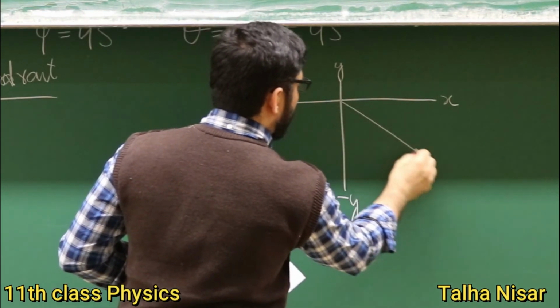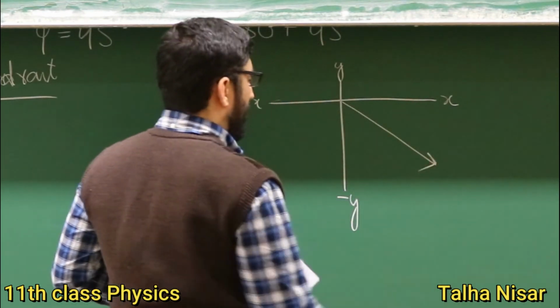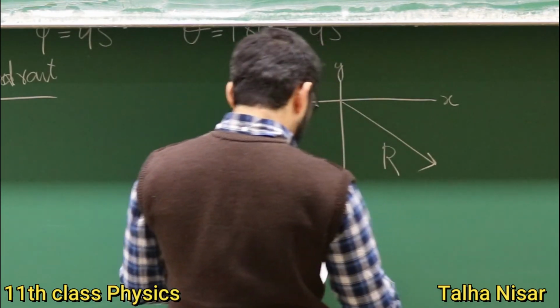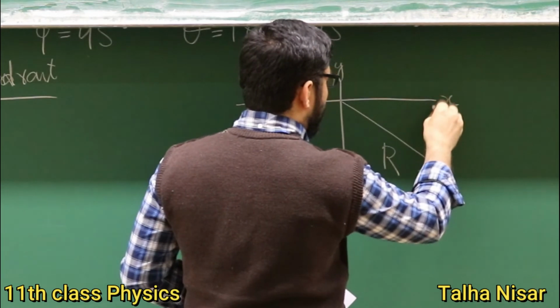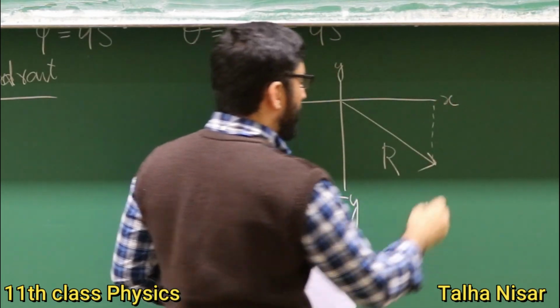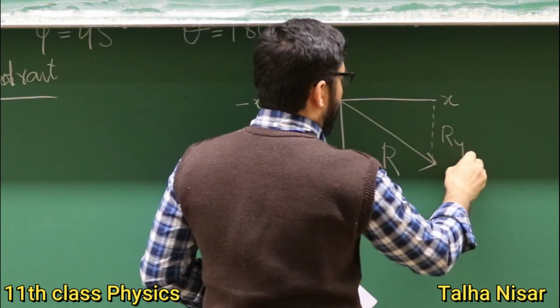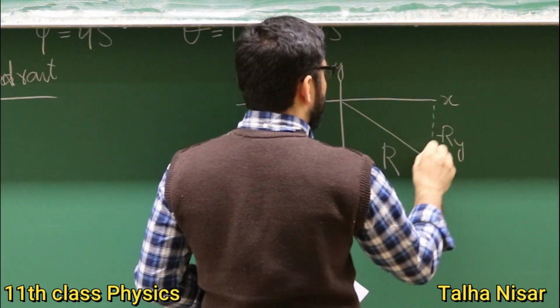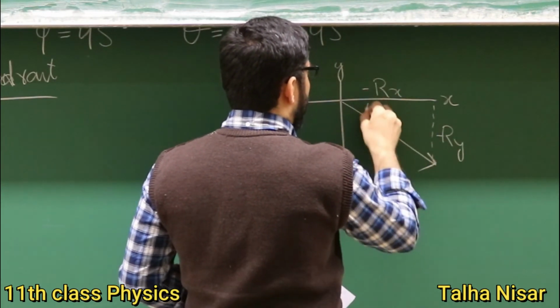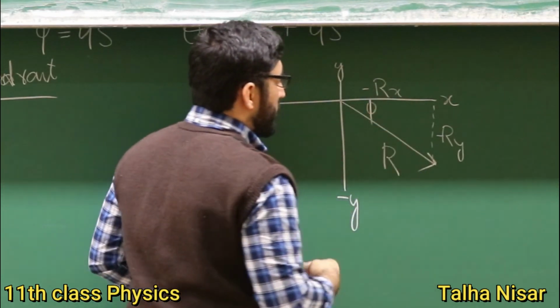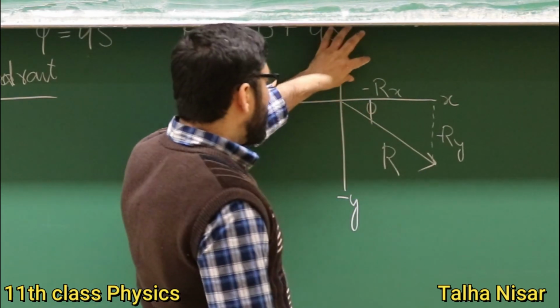This is our R. If we split this into perpendicular components, this is our Ry, which is minus, and here is our x, which is positive, and this is phi.